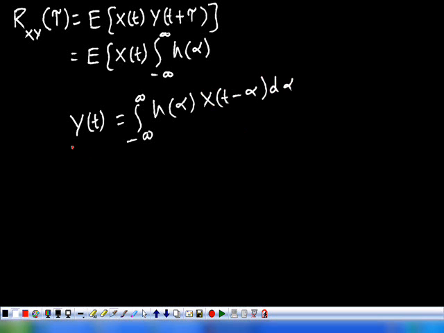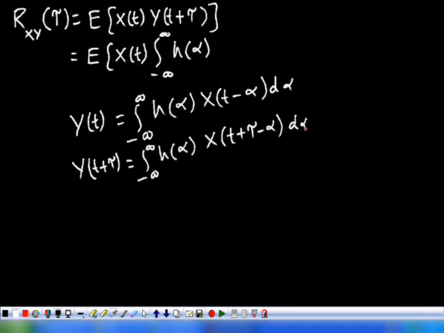Is it right? So therefore, what is y of t plus tau? The integral from minus infinity to plus infinity of h of alpha x of t plus tau minus alpha.